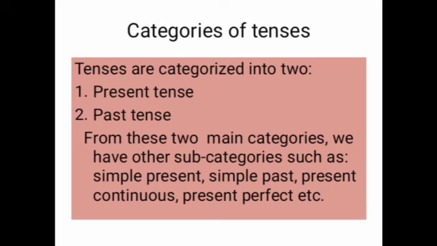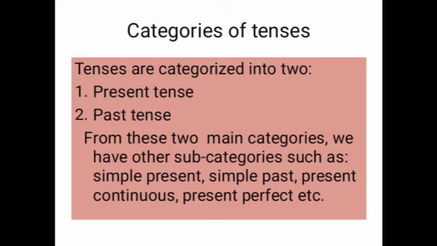Some persons do add the future tense, but there is really no future tense in that form, because the verb cannot change its form to show that an action happened in the future. An action can happen in the future, the future is yet to come. So that's why we don't bother about the future tense. But you can add shall or will to indicate what will happen in future, but that's not a tense.